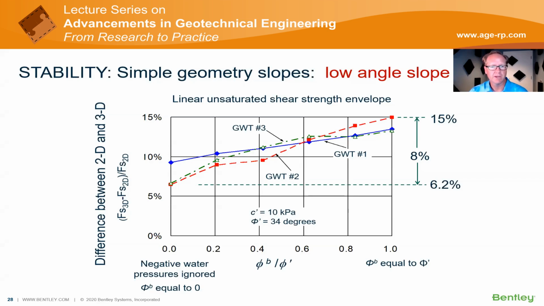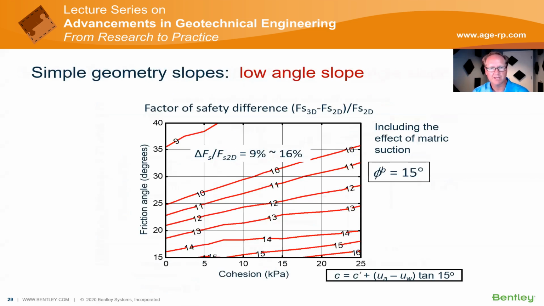As you can see, as you move from left to right, there's a general trend upward. The average difference between 2D and 3D is between 6.2 and 15%. And the ability of unsaturated suctions to influence the result is about 8%. So it makes a little bit of a difference on your model and your consideration.